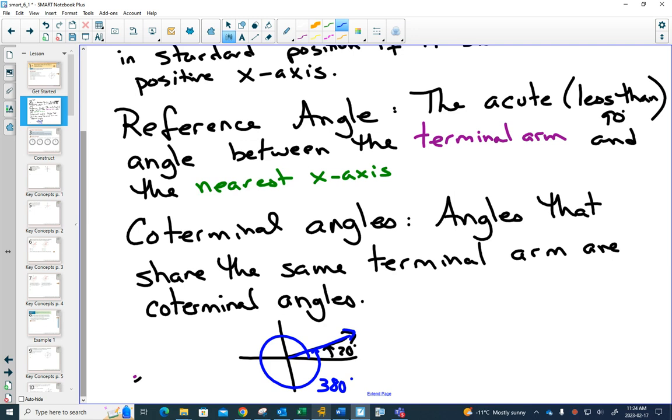So 20 degrees and 380 degrees are called coterminal angles because they end at the same spot. So we're ready to go to example 1.